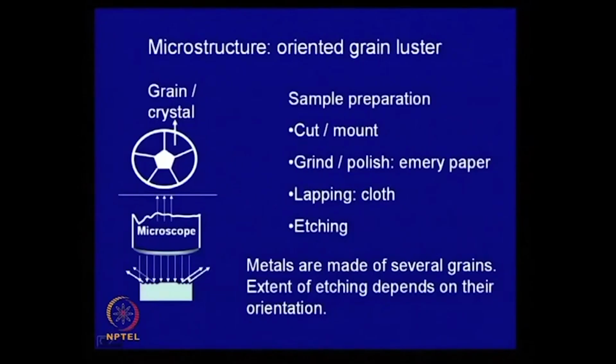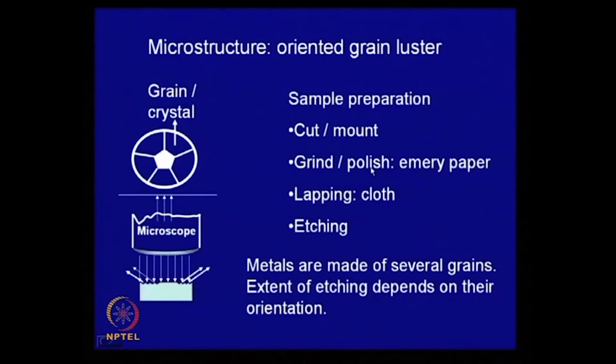So, there are a number of steps involved in the preparation of metallic samples for microstructural examination, which are listed here. You cut and mount, then you polish, just mechanically polish, grind and polish on emery paper.